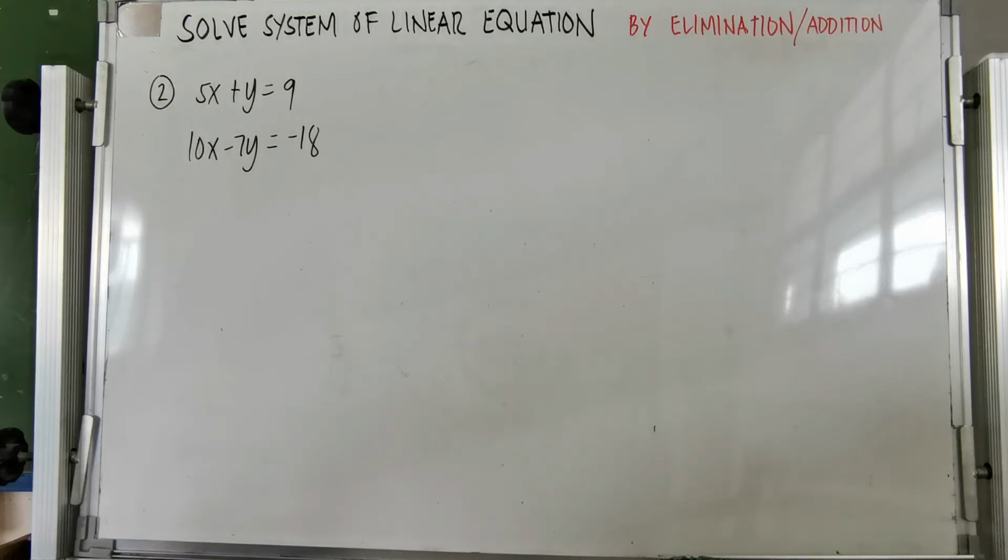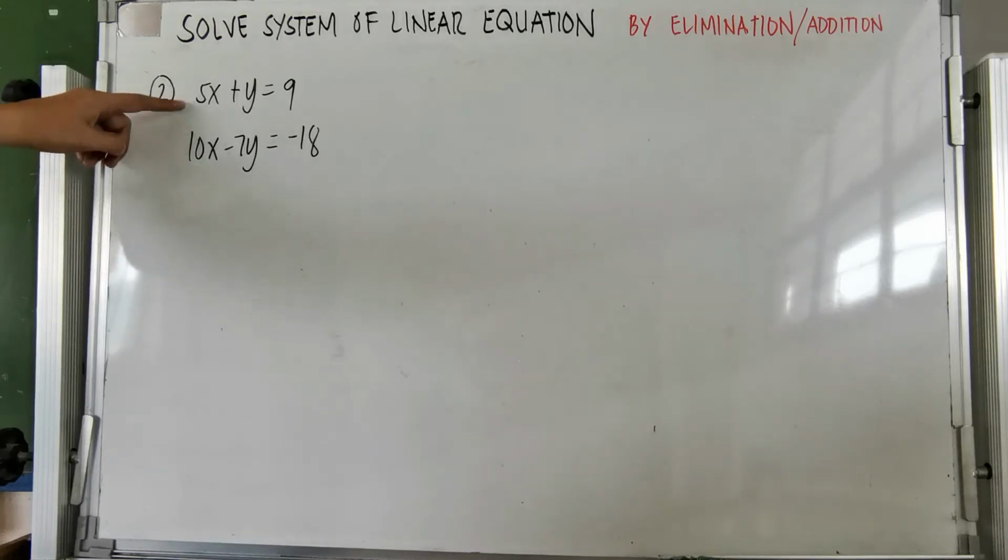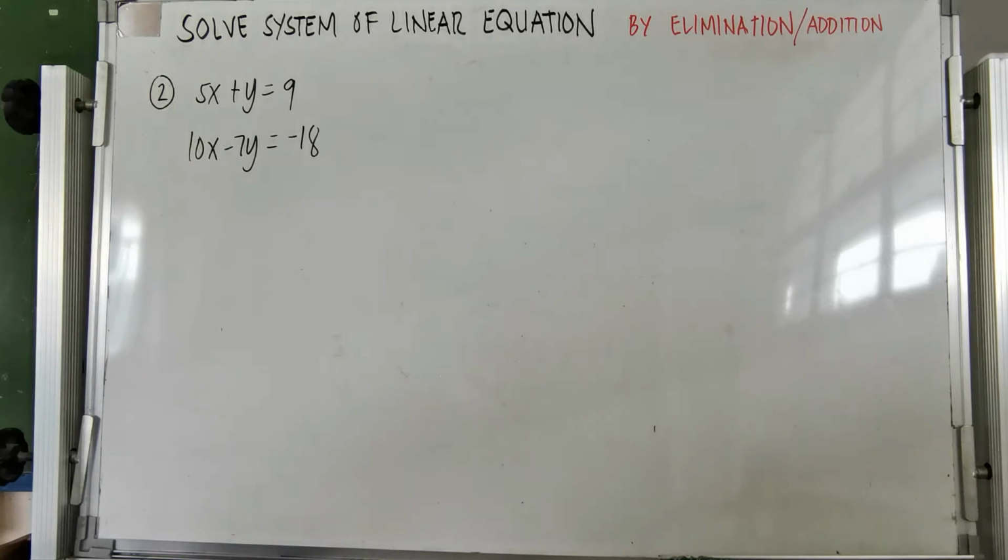In number 2, kapag ganito ang ating given, take note that pwede tayong mag-multiply any number sa ating any of the equation para magkaroon tayo ng same term with different sign. So, i-observe natin ano yung pwede nating baguhin na equation.